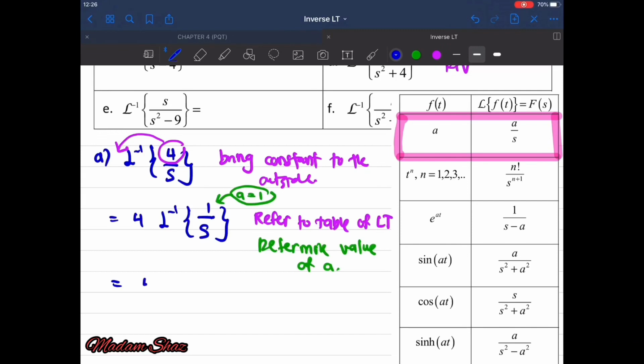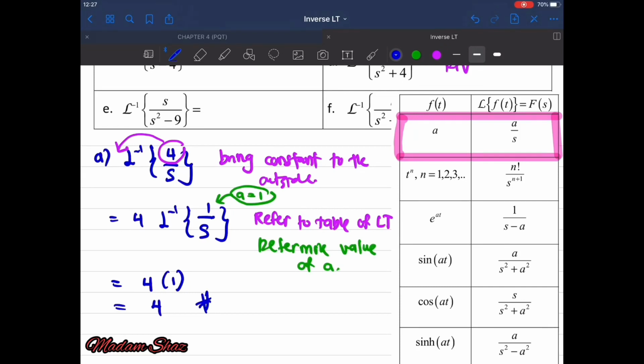So therefore, our answer will become 4, the constant at the front here, multiplied with the answer for the Laplace inverse of 1 over s, which is a over s will become a. So our a is equal to 1. So 4 multiplied with 1 will become 4.